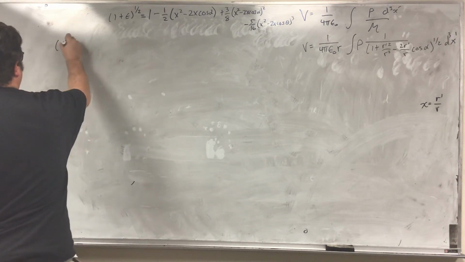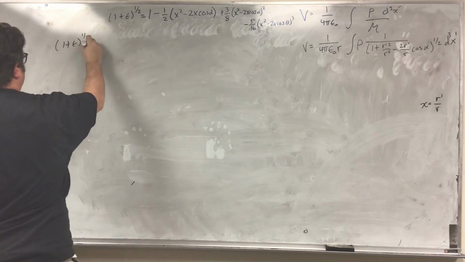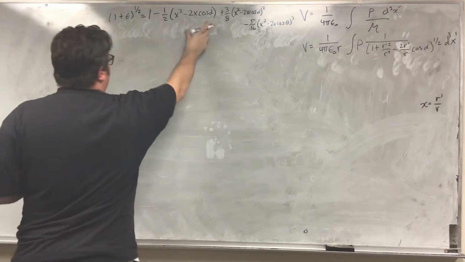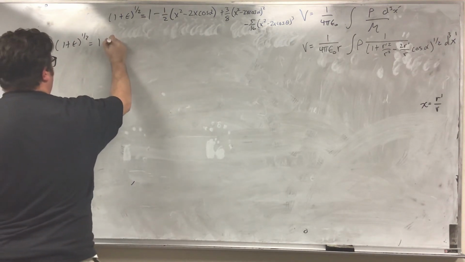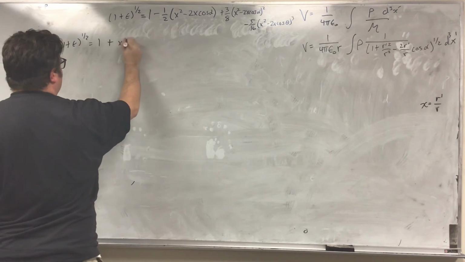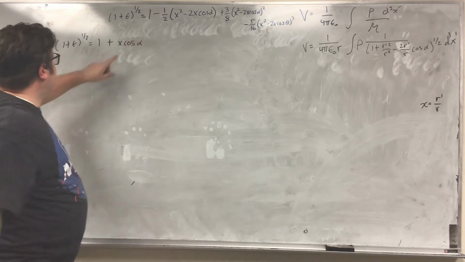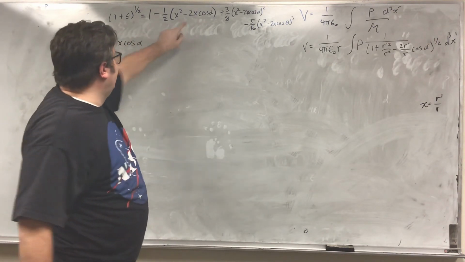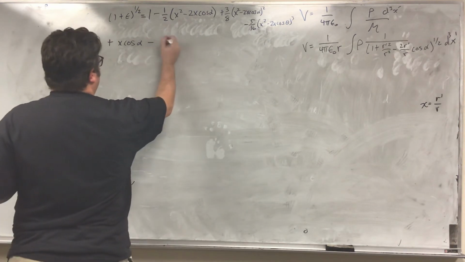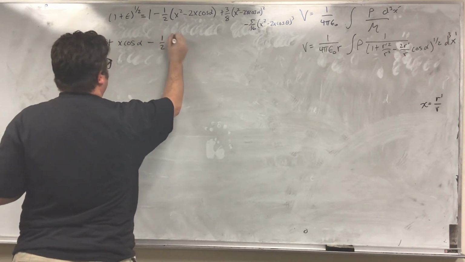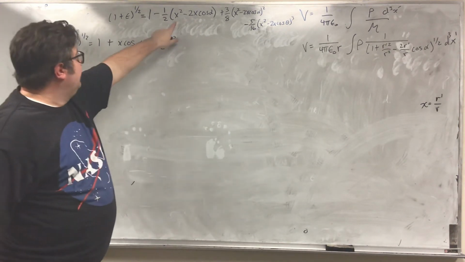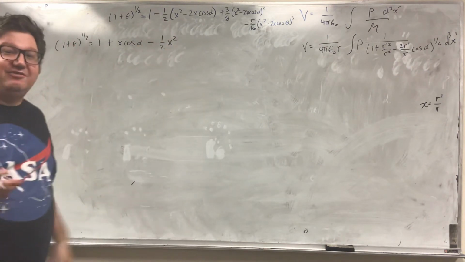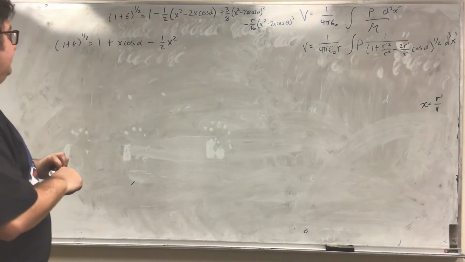So 1 plus epsilon to the 1/2 is equal to 1, plus x cosine alpha, minus 1/2 x squared. I flipped them because I kind of know what's going to happen next.